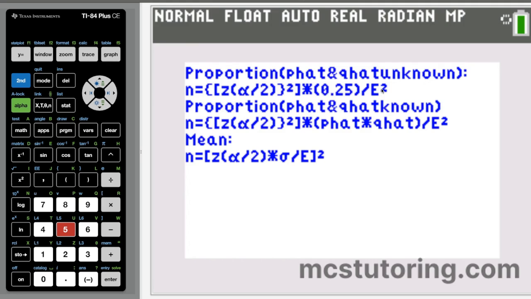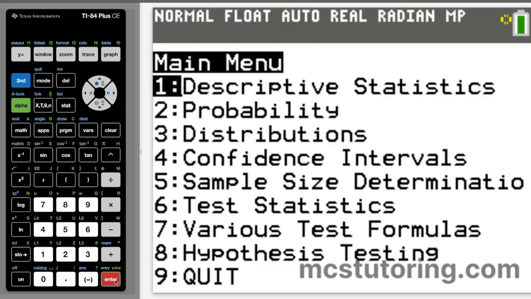Where p hat and q hat are known, n equals z alpha over 2 squared times p hat times q hat, divided by e squared. And for the mean, n equals z alpha over 2 times sigma divided by e, all squared. Oh my goodness, so much to memorize in stats. I'm glad that I made this program.